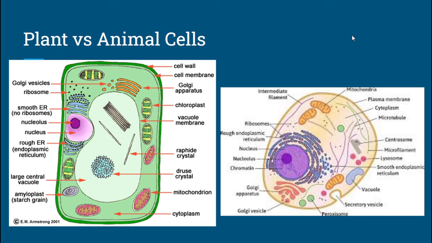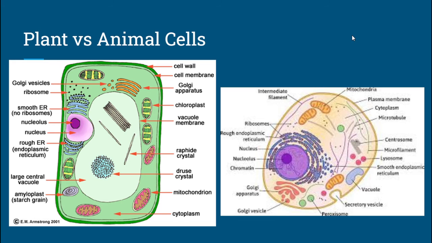First off, we can just visibly see one difference, and that's that plant cells are typically more rectangular, while animal cells are more circular. Plant cells have a cell wall, and they also have a cell membrane, but animal cells only have a cell membrane.